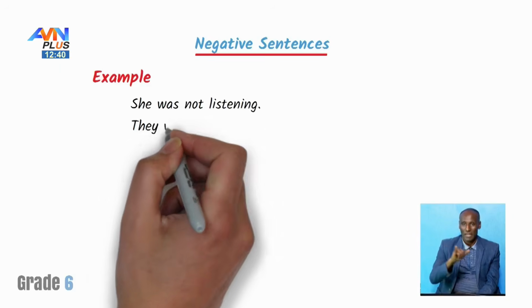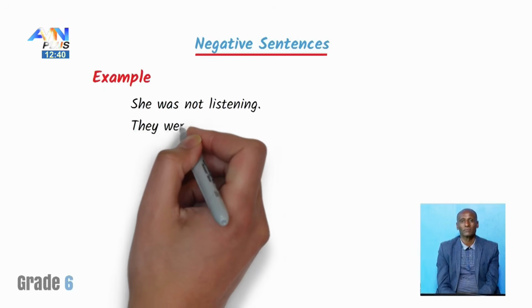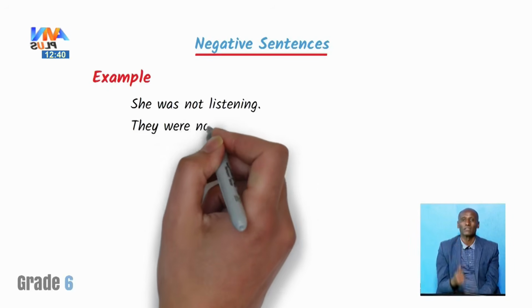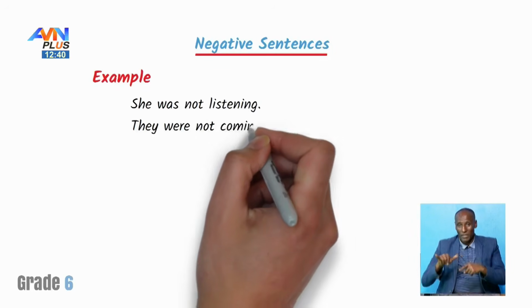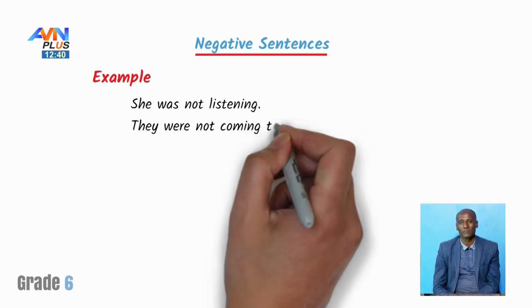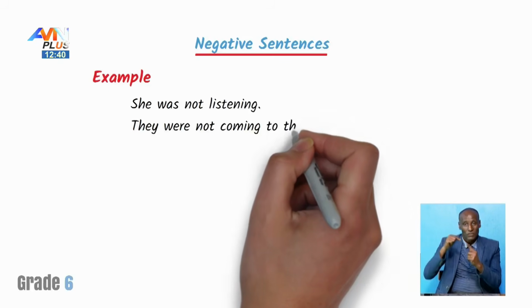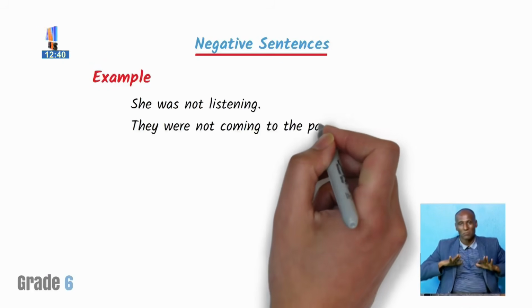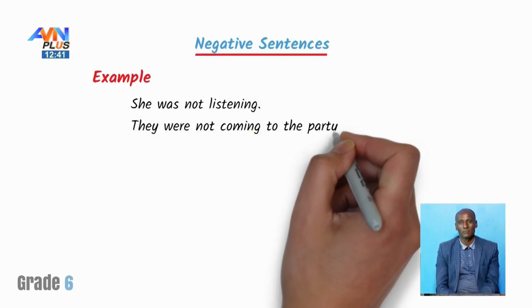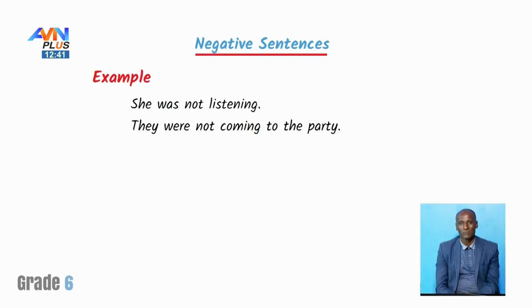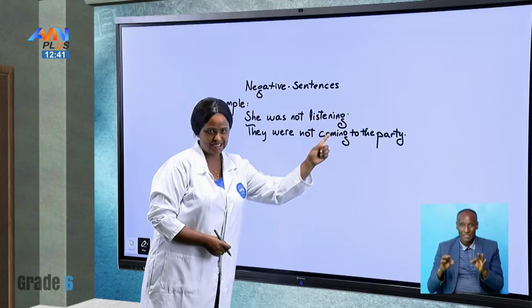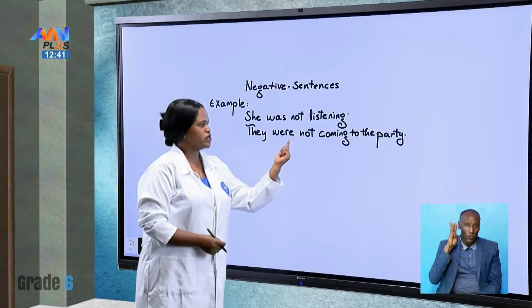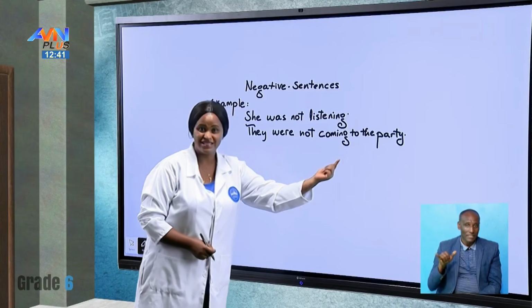They were not coming to the party. Look, do you see these 2 sentences? She was not listening. They were not coming to the party.